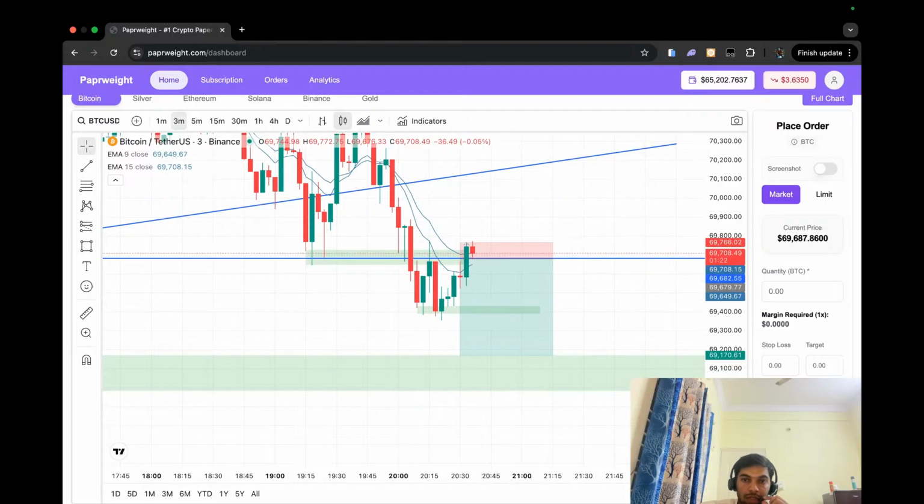I know. Come on, Bitcoin. I will add more quantity if the fall sustains. But still one more minute to close this candle. Come on, Bitcoin.